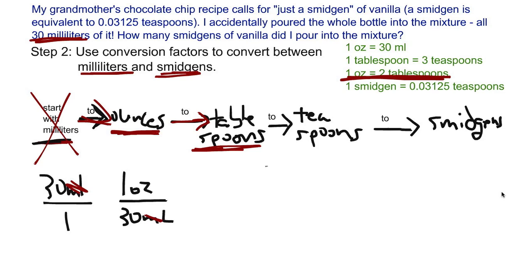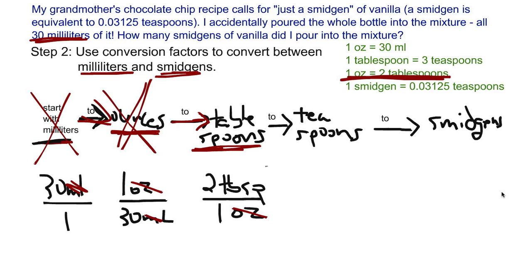Now we're going to put ounces on the bottom and tablespoons on top. Why does ounces go on the bottom? Because we want that to cancel. Ounces are now canceled. So we know our tablespoons, we need to go from tablespoons to teaspoons.